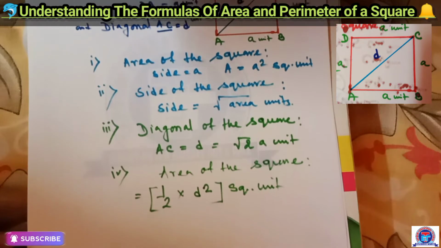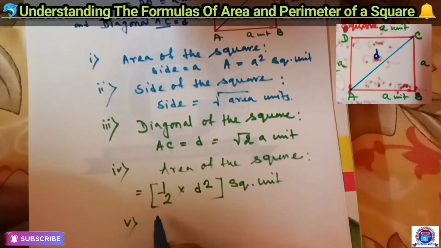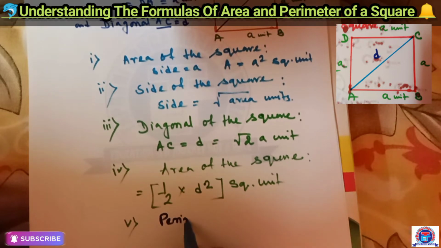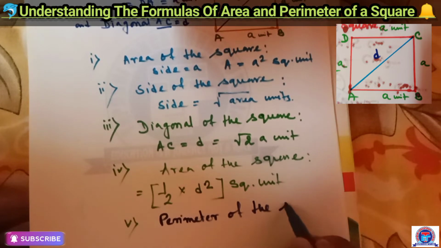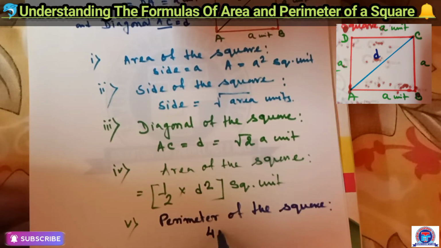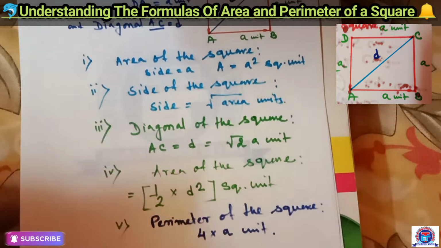So now we understand the perimeter of the square ABCD. Number 5, the perimeter of the square is 4 into side, that means A unit, correct? I hope you understand all these formulas very clearly.